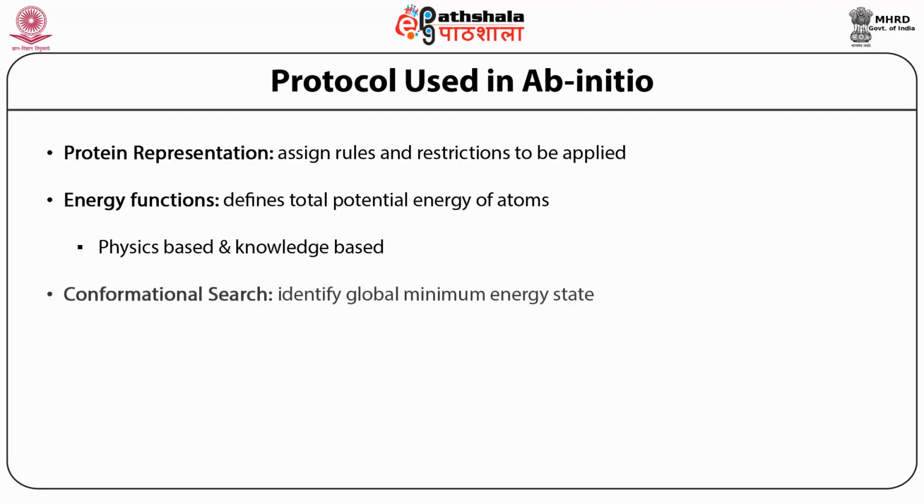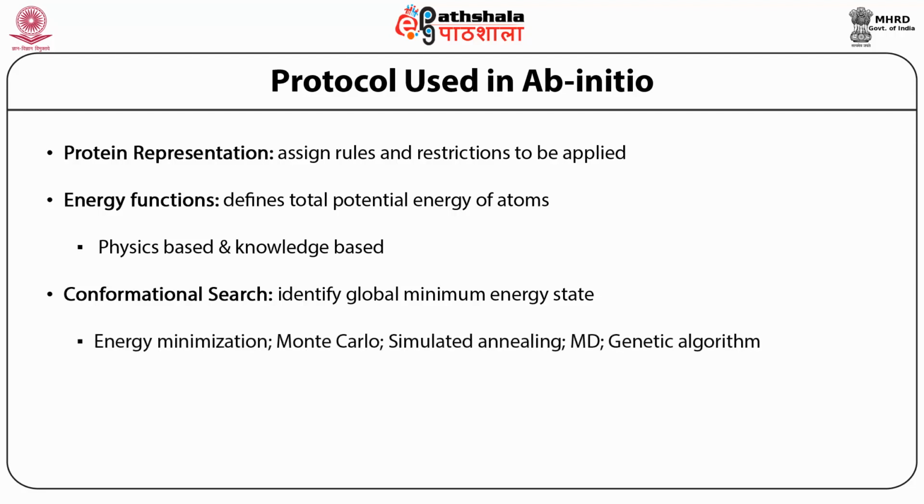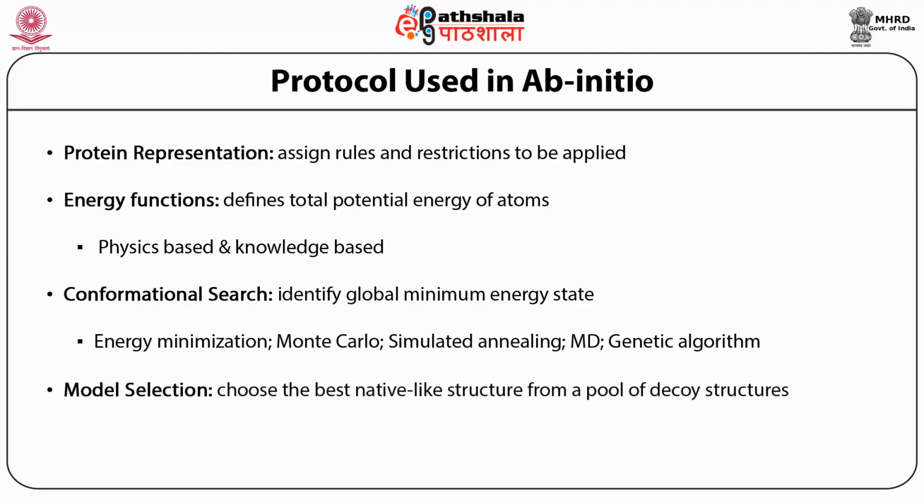We then do a conformational search to identify the global minimum energy state, and this method can use energy minimization, Monte Carlo, simulated annealing, molecular dynamics, or genetic algorithm. And finally, we do the model selection to choose the best of the native-like structures from a pool of decoy structures.